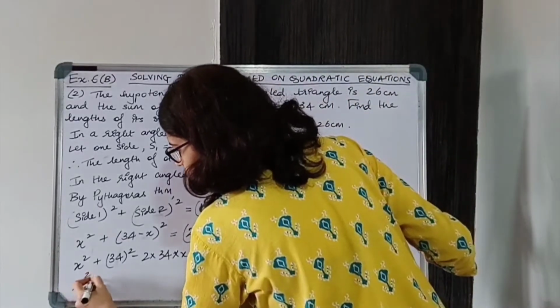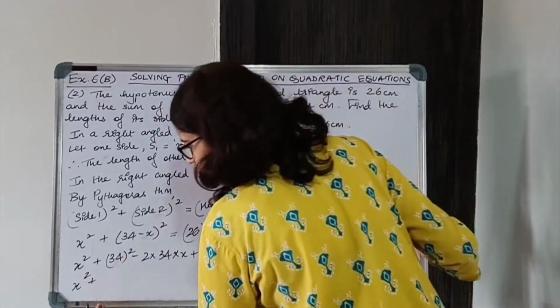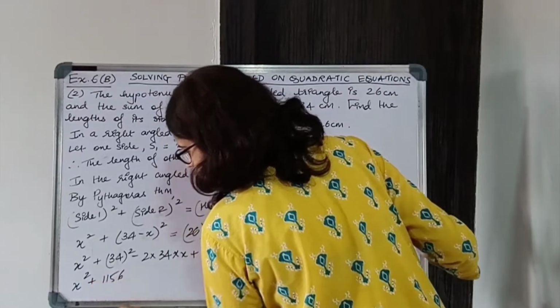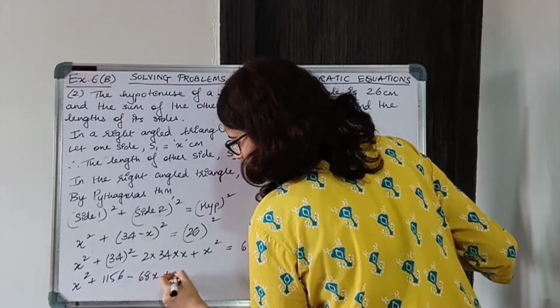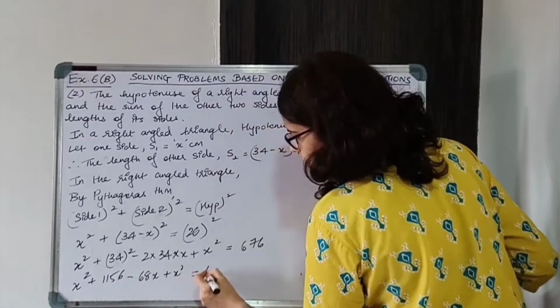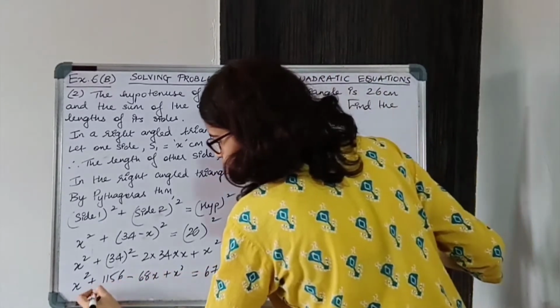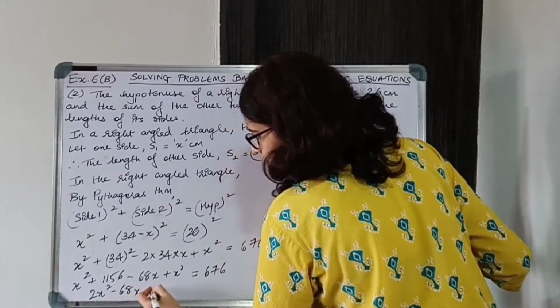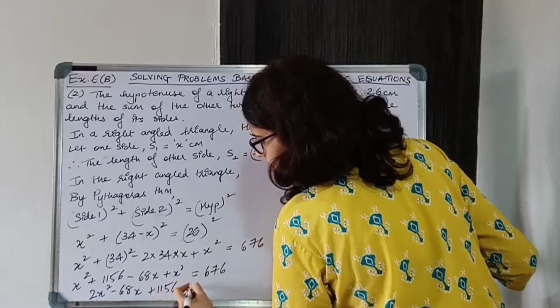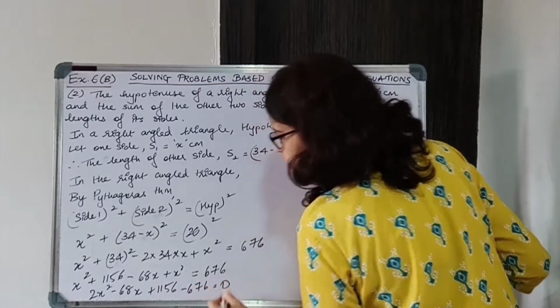So x square plus 34 square is 1156. 2 34s are 68, so 68x. Plus x square, we'll add these x squares, so it is 2x square minus 68x plus 1156 minus 676 is equal to 0.